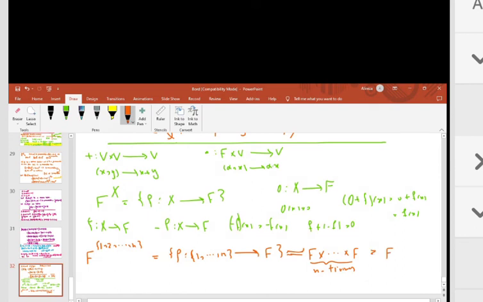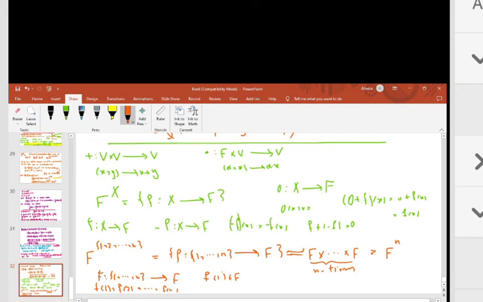And we can write by this notation. This is very easy because for any f from this set to F, we know that f i must belong to F. So we have f1, f2, up to fn.